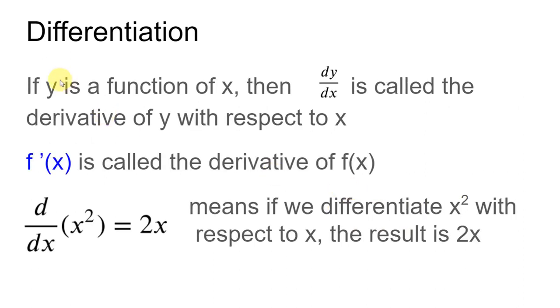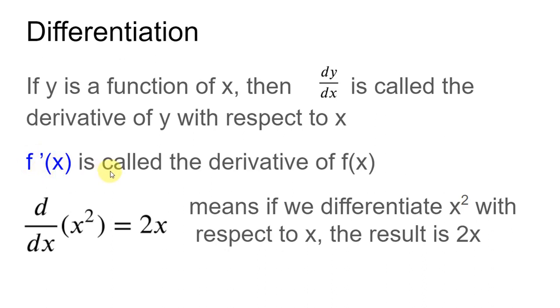So there's some different notation that we use. If y is a function of x, then we'll say the derivative of y with respect to x, and you'll see this written. Basically this means we're finding the derivative. Sometimes, when the function is written in function notation, we use an apostrophe and call it f prime of x.